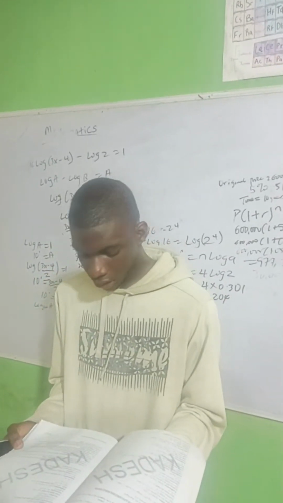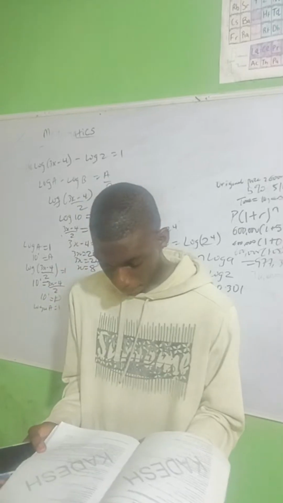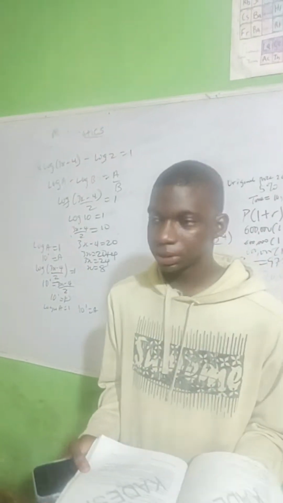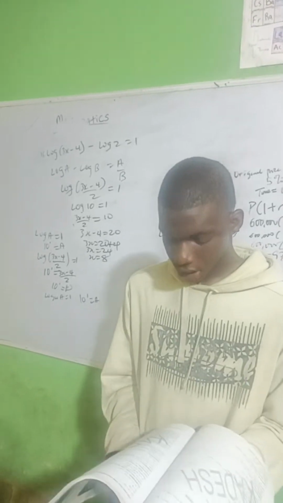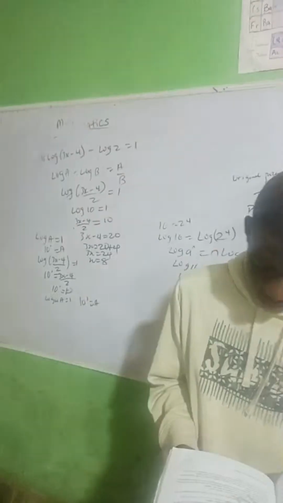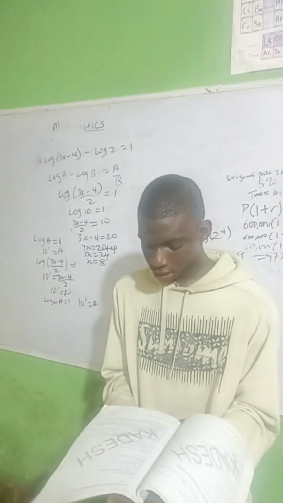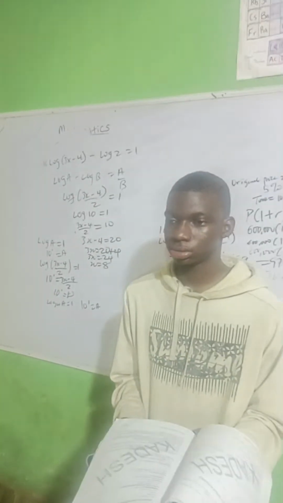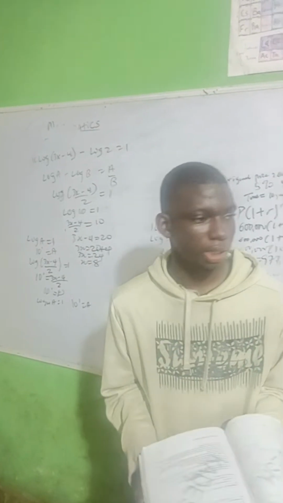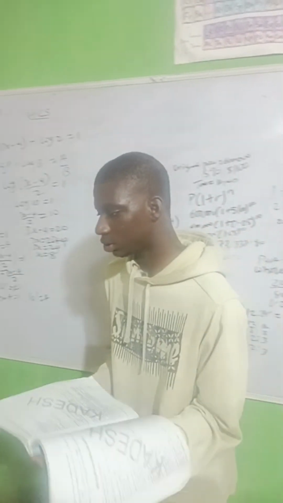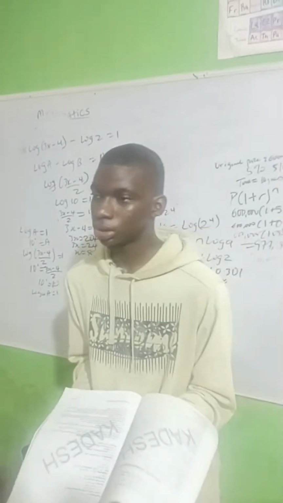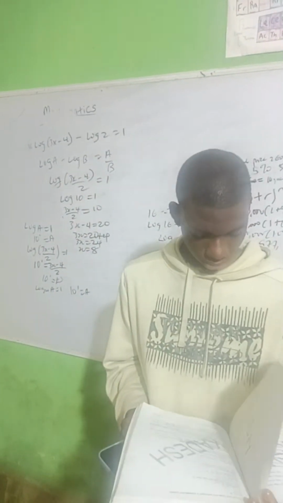So the next question, they said if 10% of a number is subtracted from it, then the result is 1,800. What is the number? 4,000.